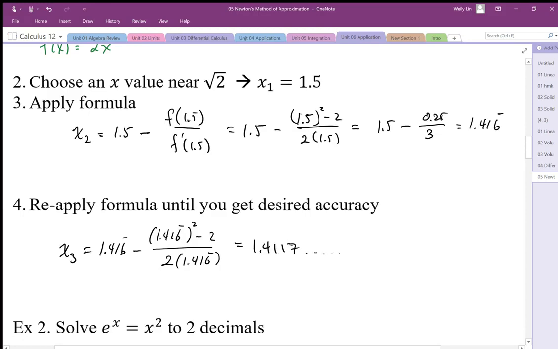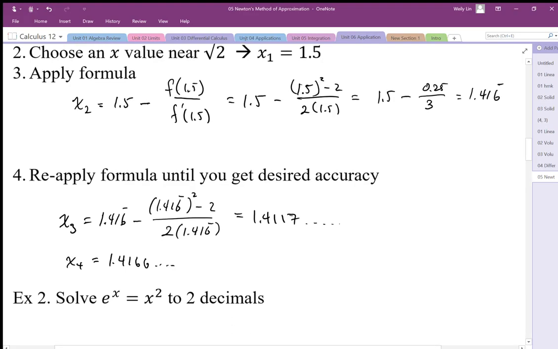And then I can use that same exact value and do it again, and I get 1.66. It's not quite 6 repeating, but again, we're getting closer and closer, and the more times I do this, the closer I'll get to the actual value of square root of 2. Okay, so that's how Newton's method works.